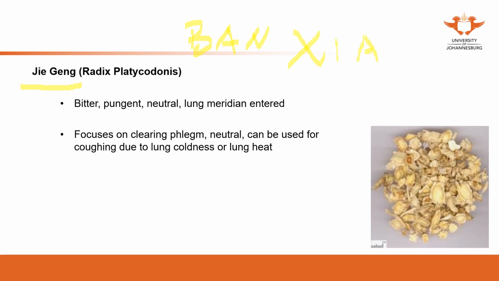One of the main differences between these two herbs is that 桔梗 is neutral and 半夏 is warm. Because it is neutral, it can be used for cold and heat, no matter which one.